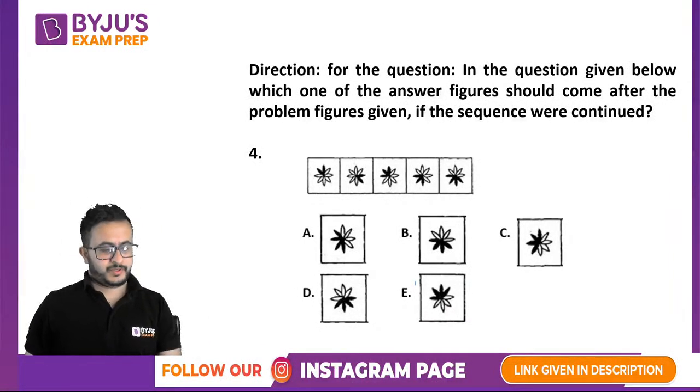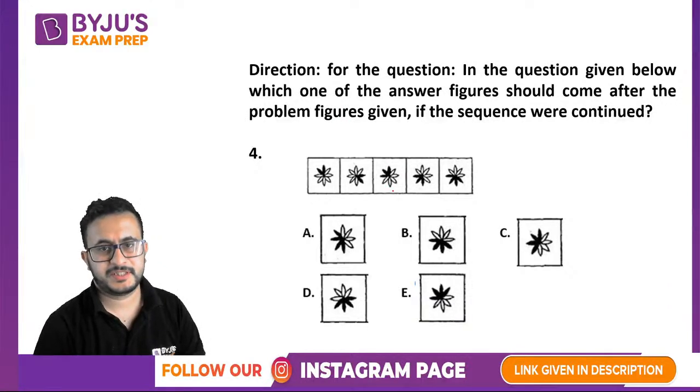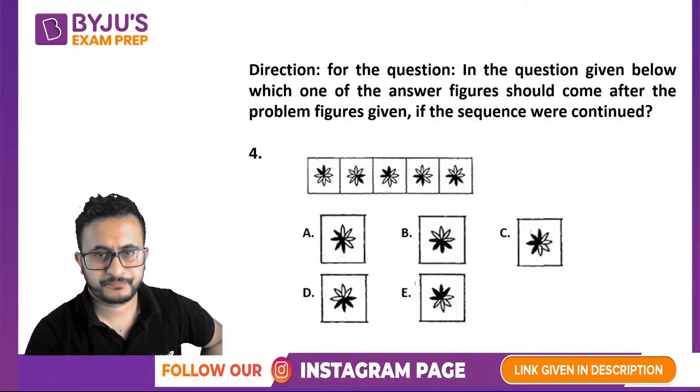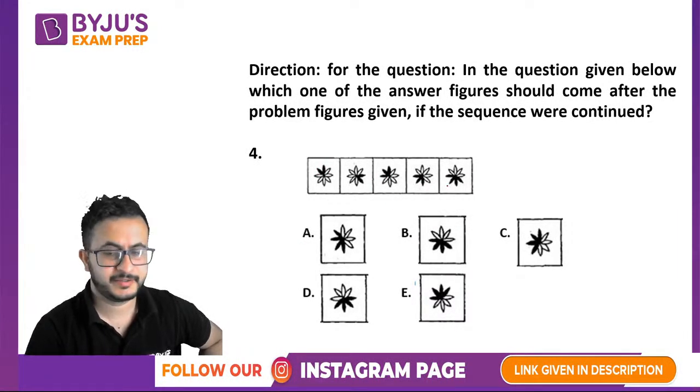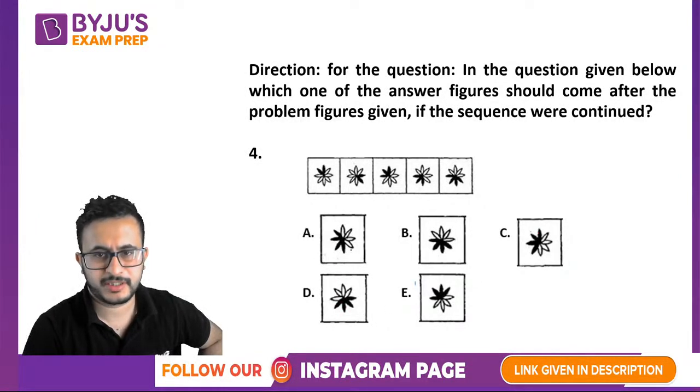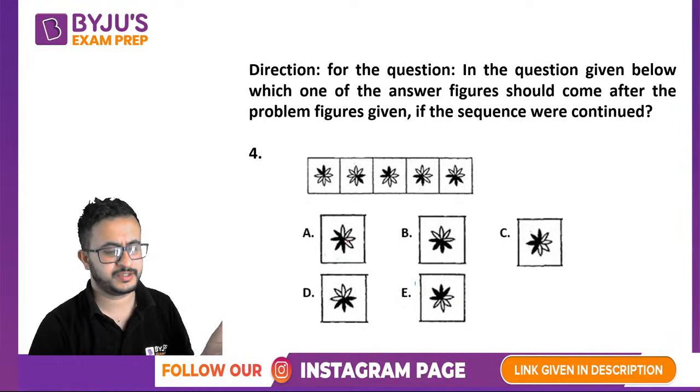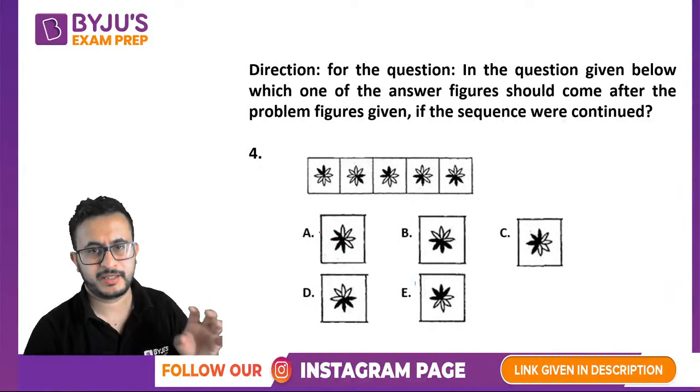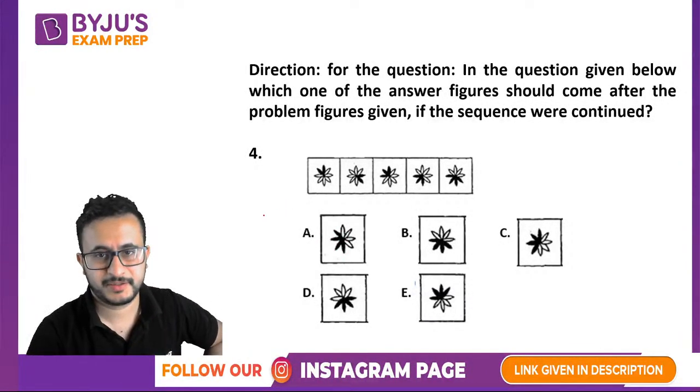So let us see what will be the next image in this series. First of all, this has two petals, this has two, this is 3, 3, 4, 4. So it should have four petals painted. Okay, so if any of the images has more than four, you can reject that option, but there is no such image, right? So that is fine.